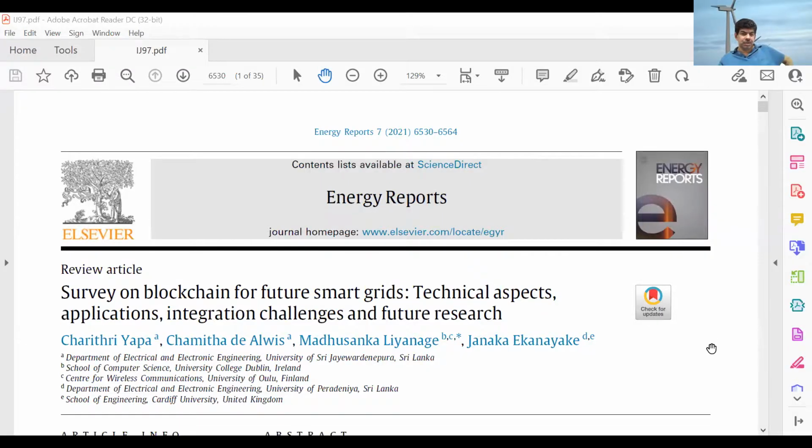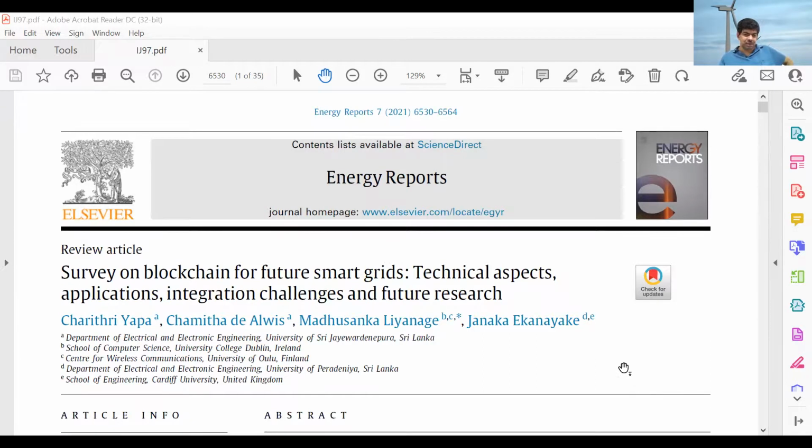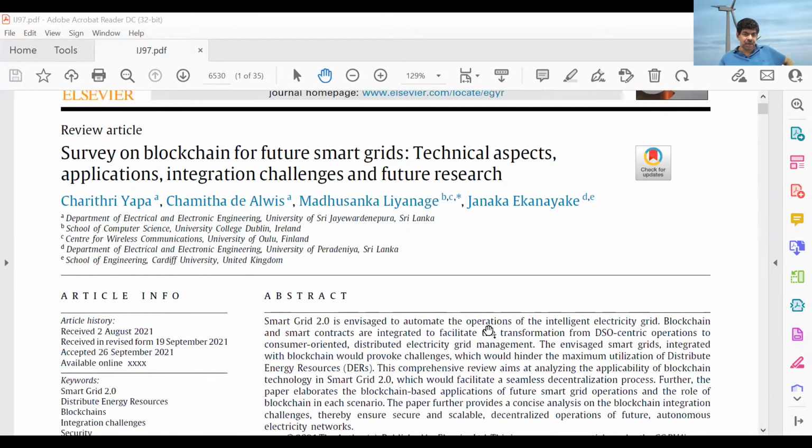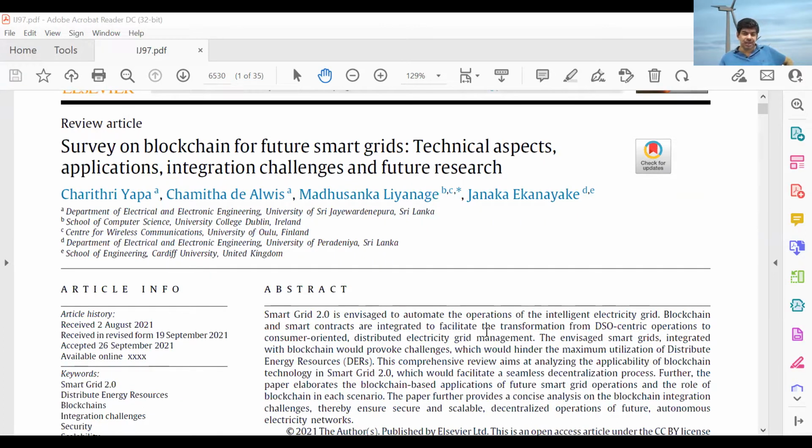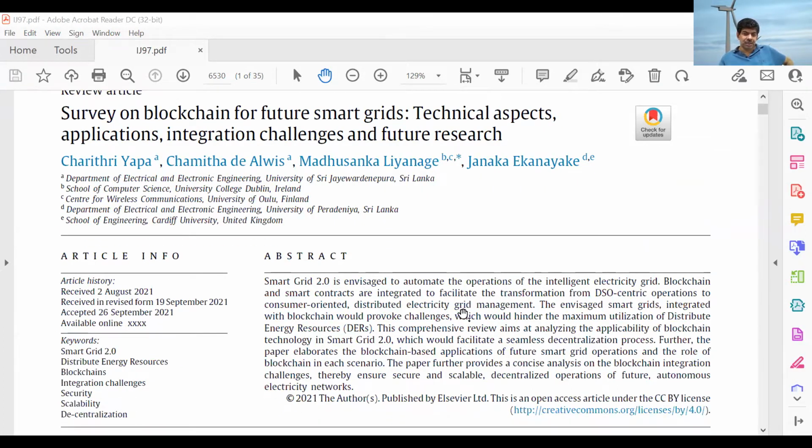So if you do a survey on blockchain applications for power systems, you can see a paper which is a survey on blockchain for future smart grid, technical aspects, application, integration challenges, and future research. You can see that this is a few researchers in Sri Lanka, and of course everybody is Sri Lankans.